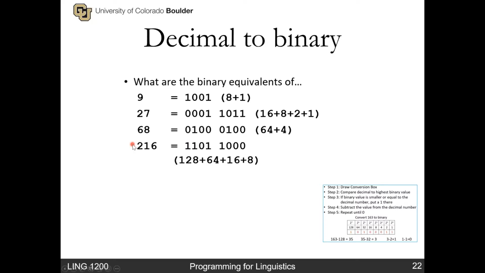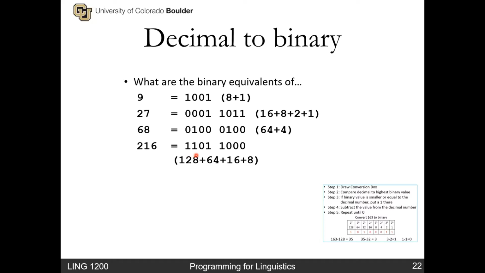Next, 216. Well, 128 times 2 is 256. So the next highest here in the 9th column would be 256. So we have to start here at 128, which is the first number that's smaller or equal to 216. 216 minus 128 is 88.